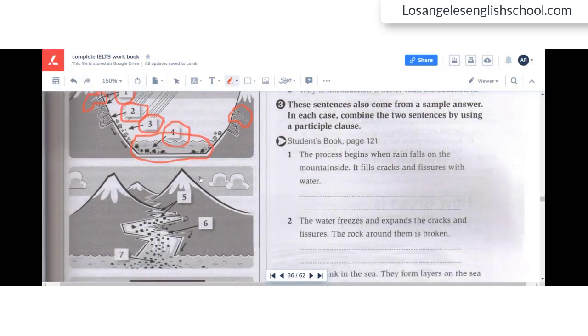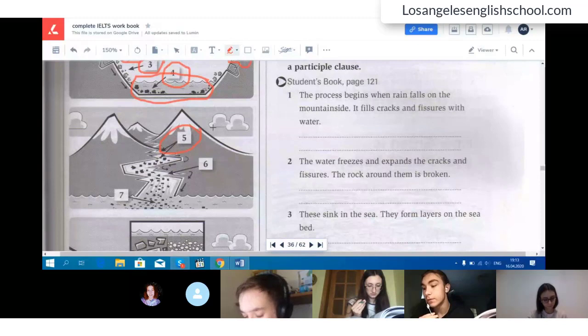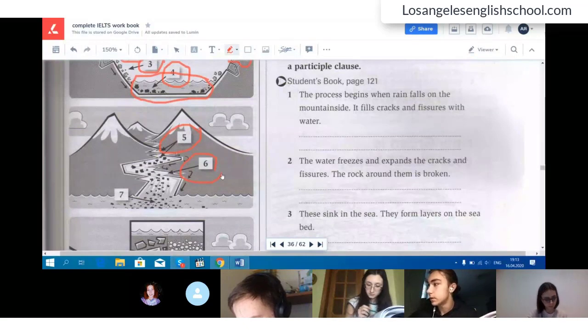Okay, so let's move on. What is this, number five? Mark, what do you have? I think it's transportation of rock and stone fragments downstream. Yes, that's correct. For number 6, Timothy, what do you have?